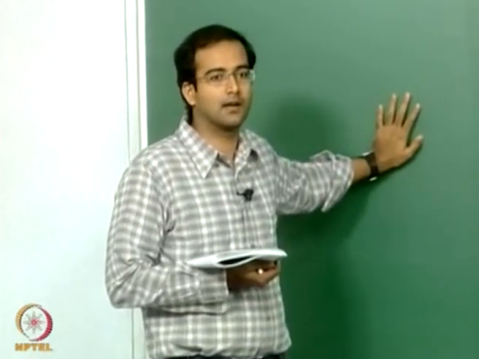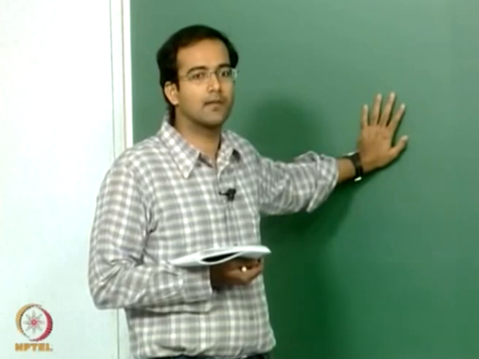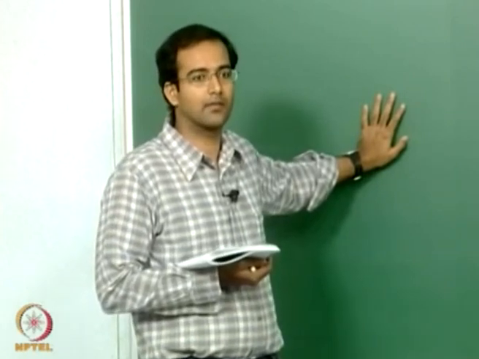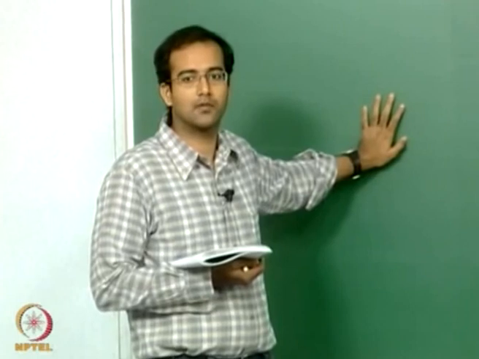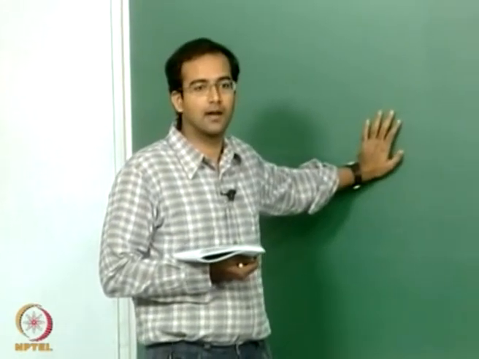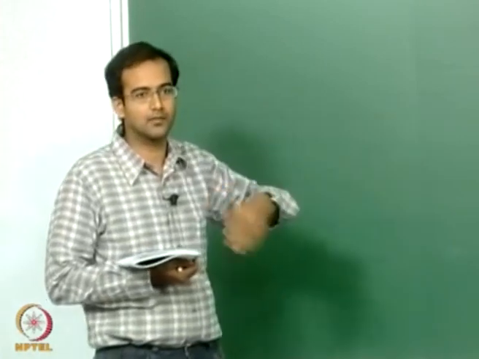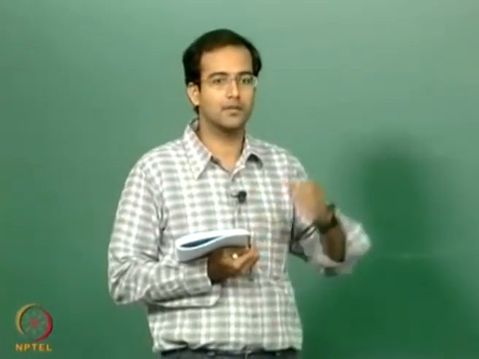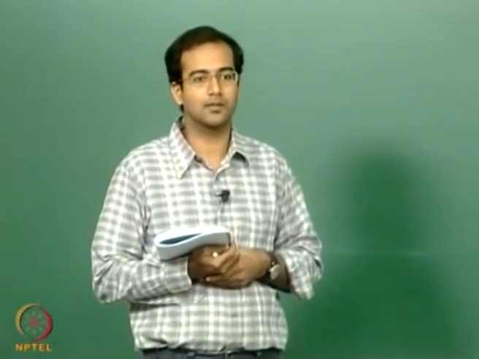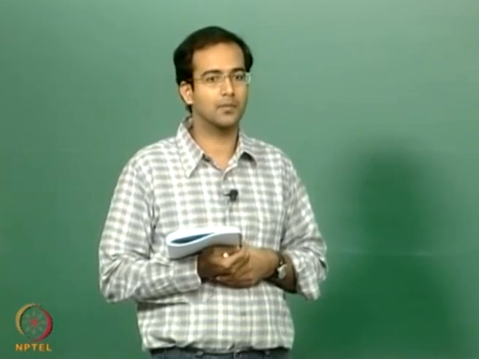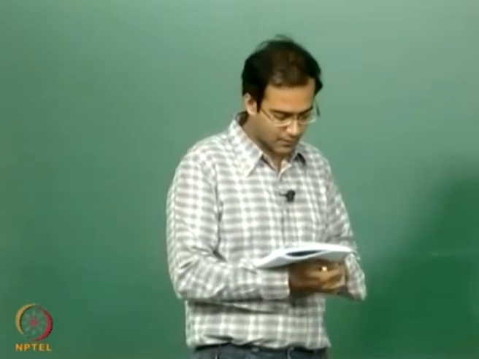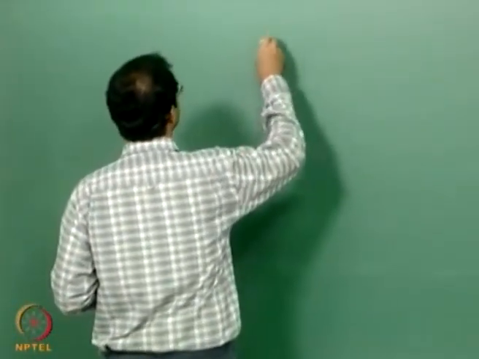So I am going to give a very brief overview, and we will look at the basic fully developed case first, okay, where we can get the solution for velocity profiles very easily, and then we will slowly, gradually go to the case where we have heat transfer. So we will look at different regions again. So first we will start with the simplest case, that is both hydrodynamically and thermally fully developed case. Okay, so before doing that, let me give you some kind of an overview of laminar internal forced convection.